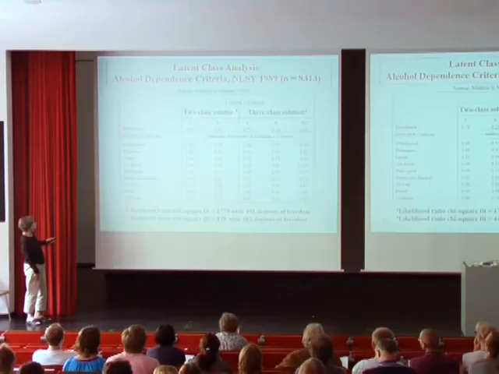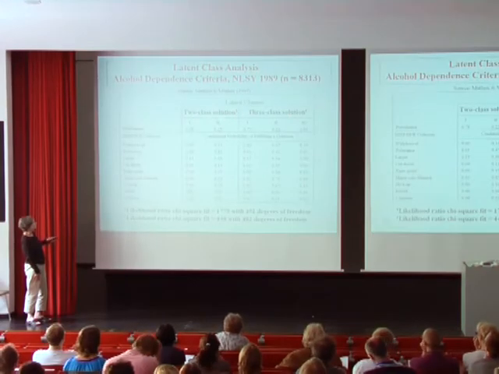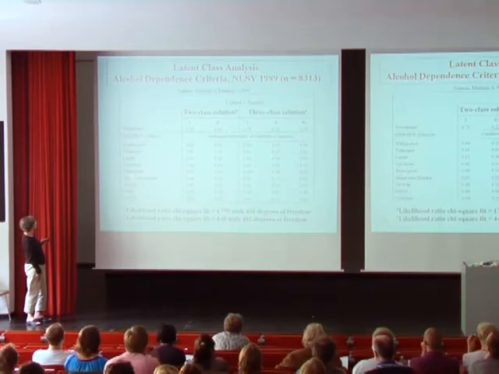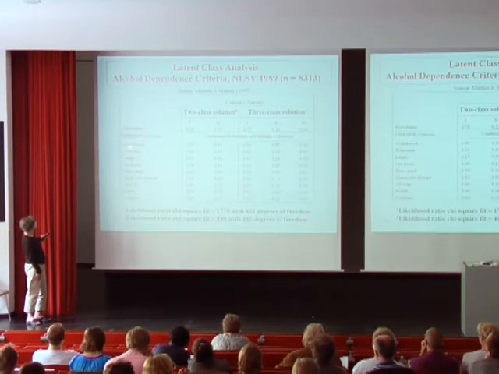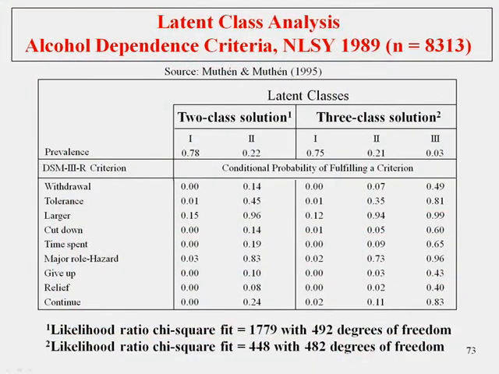So the columns represent the 2-class solution and the 3-class solution for the latent class analysis, and the rows are the alcohol symptom items. So, for example, withdrawal, tolerance, drinking a larger amount than you want to, not being able to cut down, etc. You can look at those.